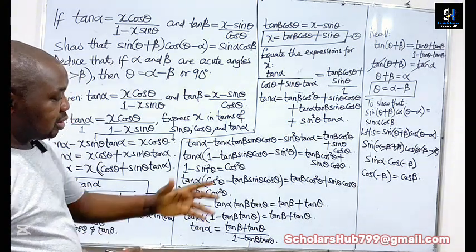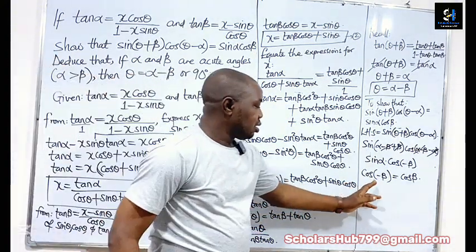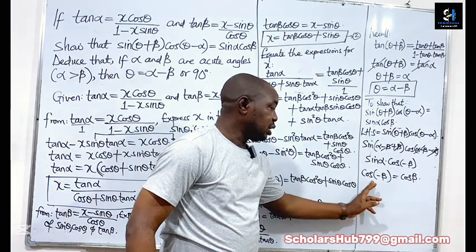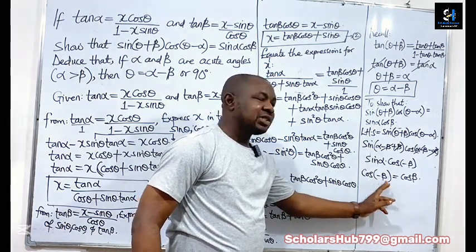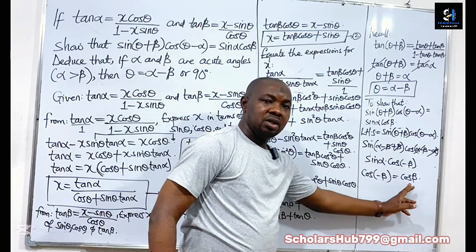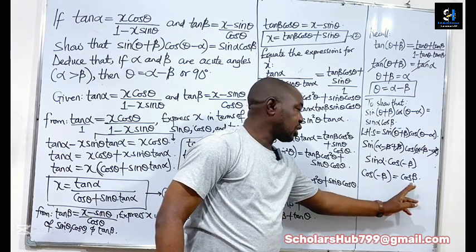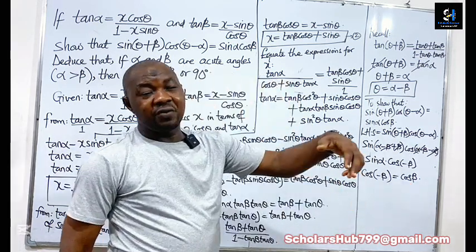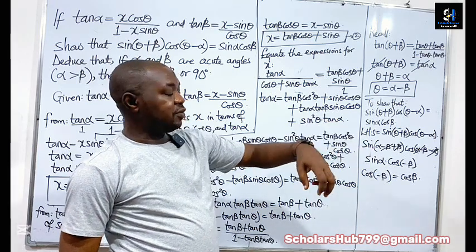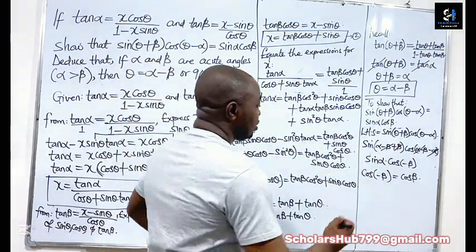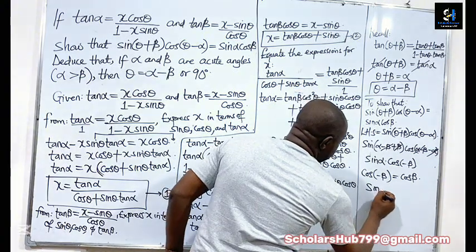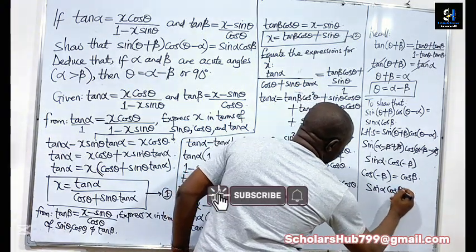Now, this is very important. Cosine of a negative angle will be equals to the cosine of the positive of that angle. All right, so in this case, this will now be sine alpha cos beta.